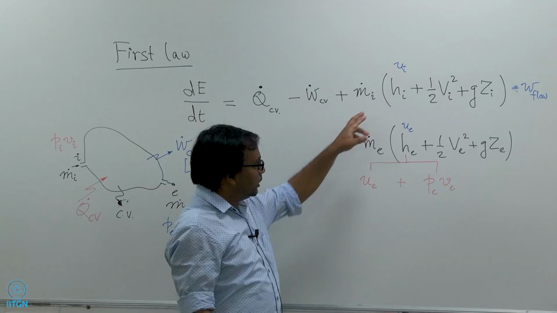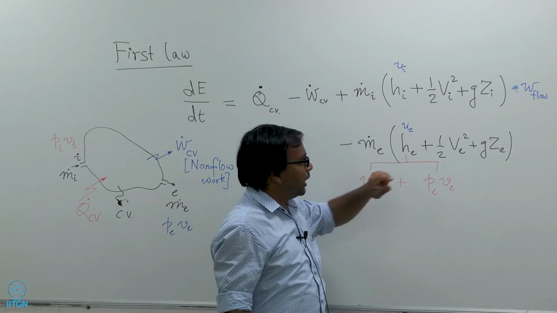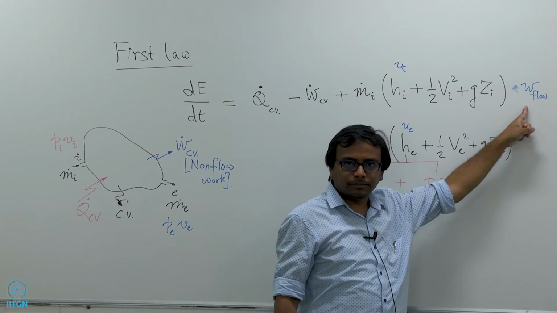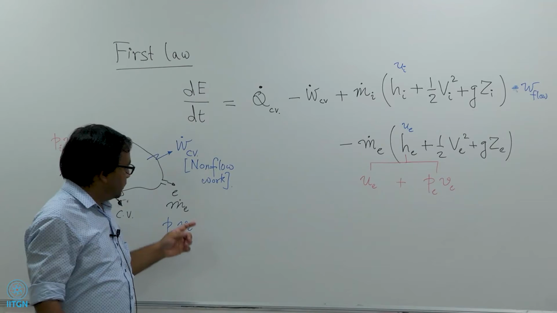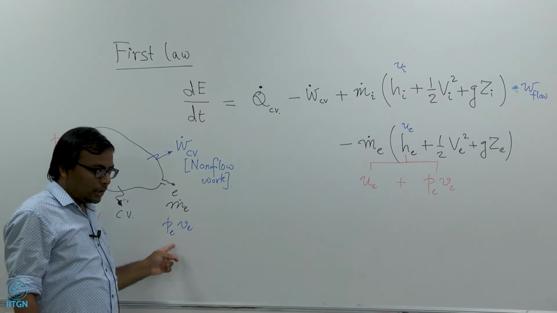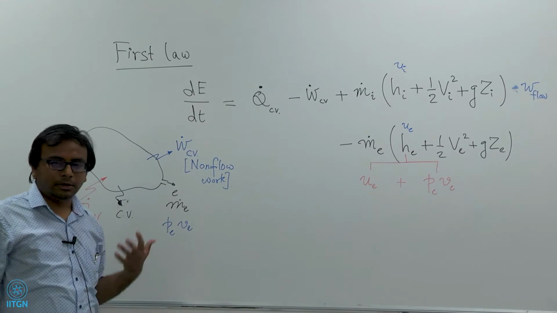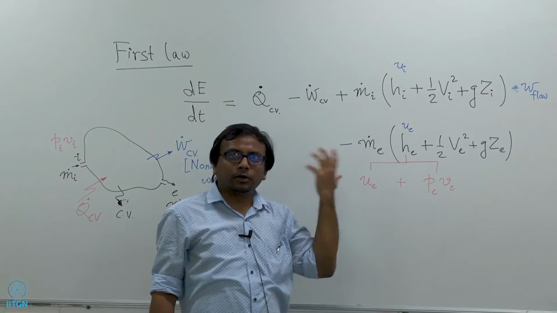You can also say no, the energy that is coming in is only internal energy, and we should separately account for flow work, okay. But fortunately, flow work you can express in terms of state properties, and once you can express them in terms of state properties, you get the same final answer no matter what your description is. Okay.